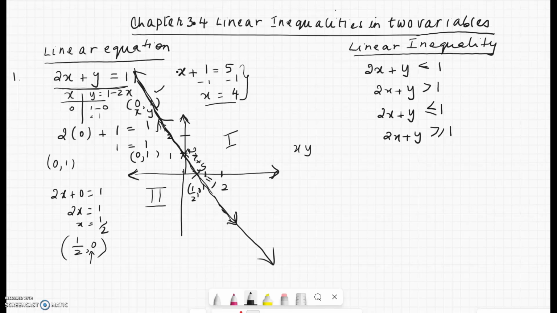Now, the solution to any one of these inequalities is one side of the line. The entire side of the line will be a solution. For example, it could be this entire side, or it could be the opposite side.